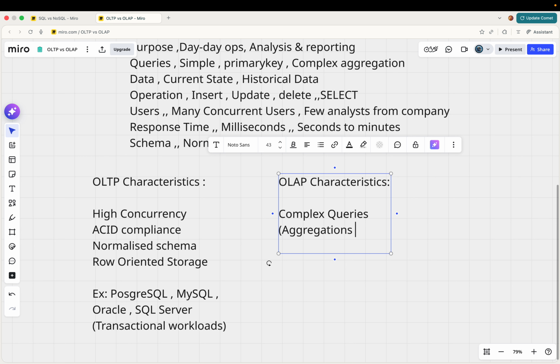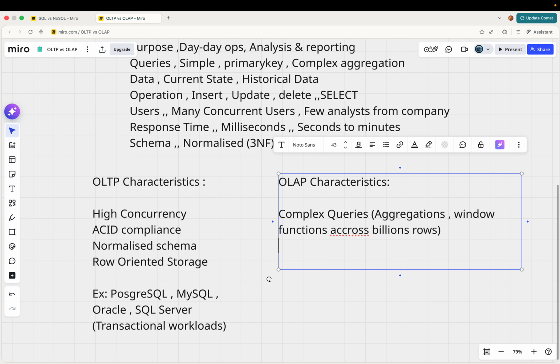Aggregations, window functions across billions of rows. And if we see storage, columnar storage here. Generally we don't retrieve all the columns in the rows, we retrieve only some columns. So in that case, columnar storage will be much faster. If we use columnar storage, those queries will be faster and easier.